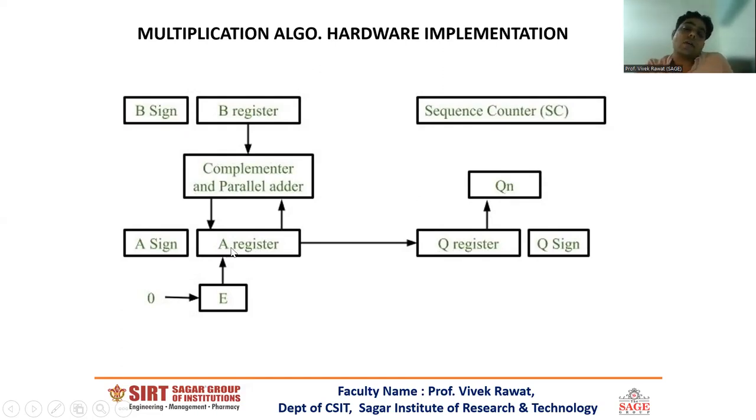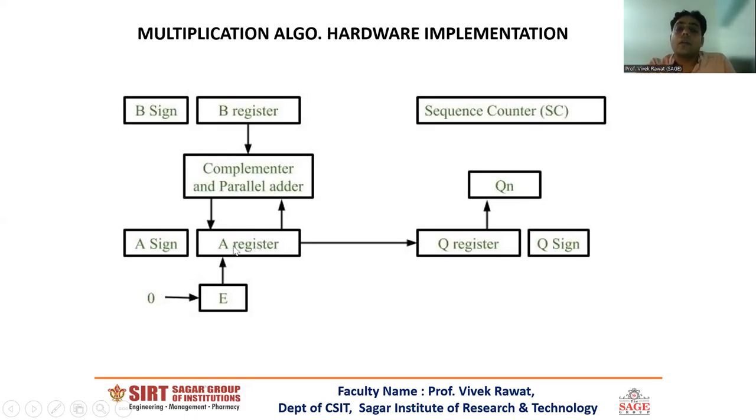What is the A register? A register is called the accumulator register. We all know that in any calculation in the ALU, the process works only in the accumulator. Suppose we want to add two numbers, one saved in B register and one saved in Q register, but the whole process will work in the A register.